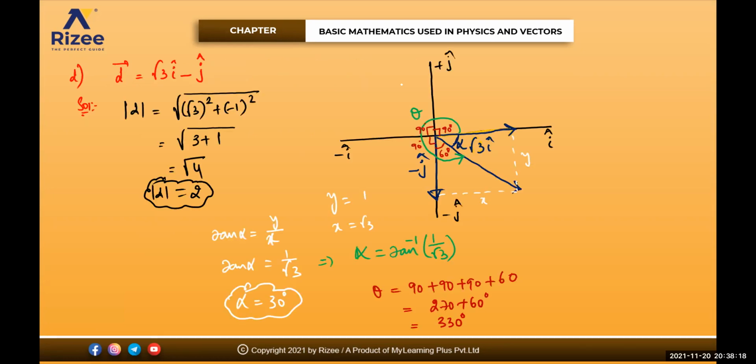Alpha should be measured after the resultant line. See, alpha is always the angle made by the first vector, beta. In this one, what is the first vector? Root 3. So the resultant, this is the D bar, will always make the angle with the first vector, not with the second vector.